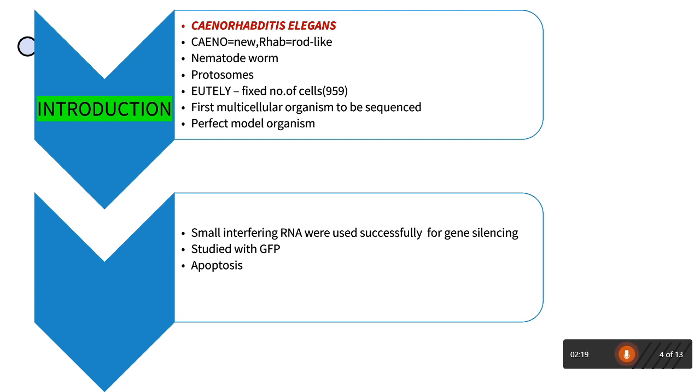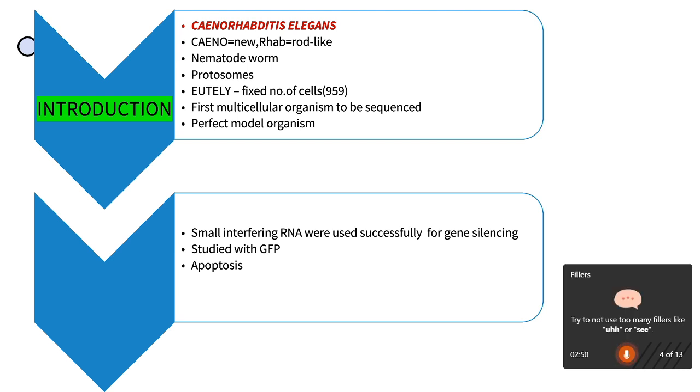Then, there is no cuticle, so transparency is seen, and individual cells can be easily visualized through all stages of development. Another feature is that alternative splicing is not seen here, so the phenotype can be predicted. These features make it a perfect model organism for developmental biology.